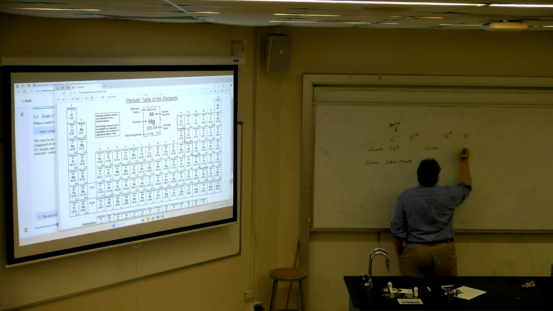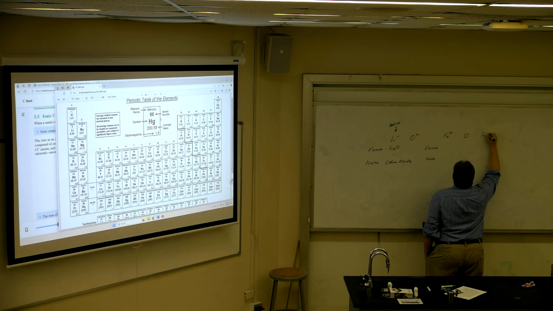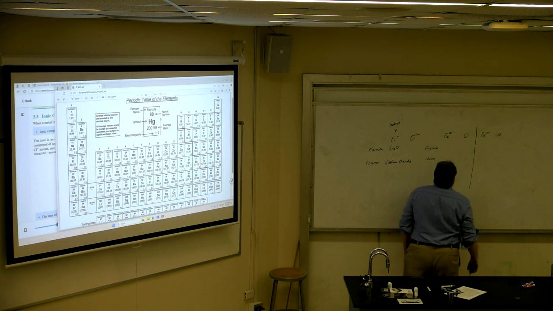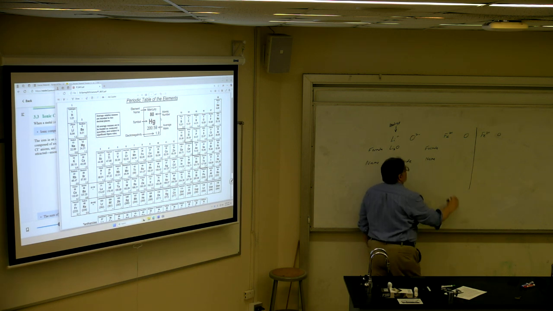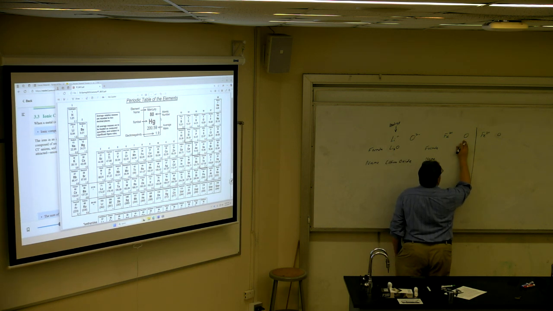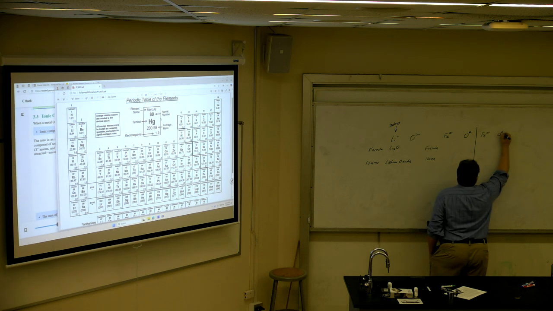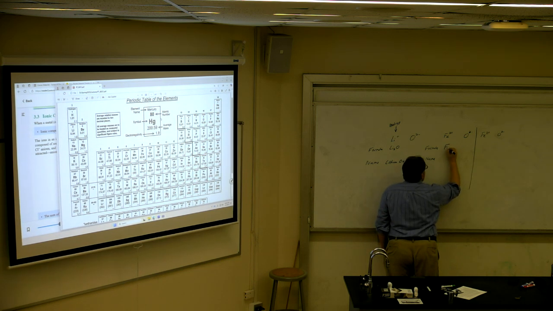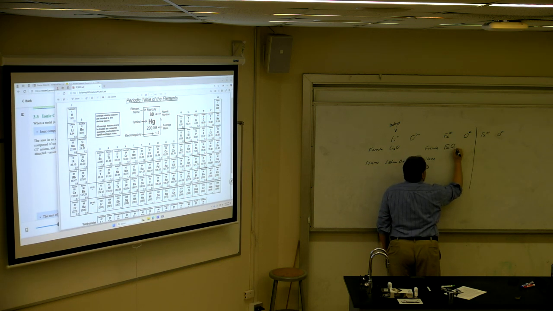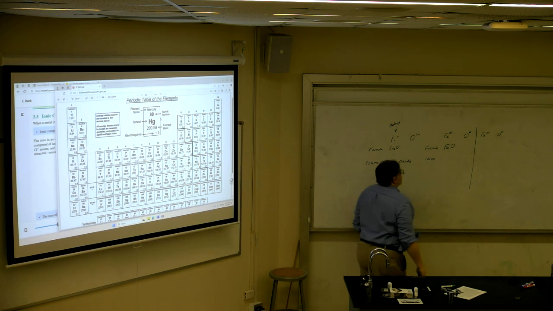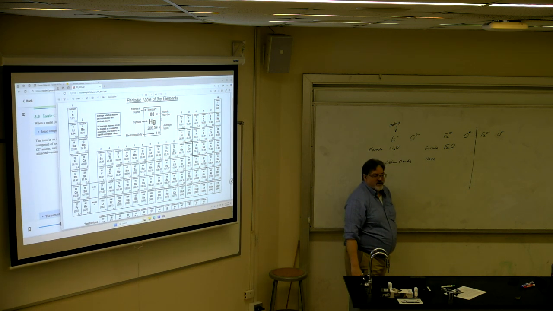Let me do the Fe3+ and oxygen. All right, so the formula here, what's the charge on oxygen? 2 negative. We only need one of each of these to make those charges balance. So that would be the formula for this one.